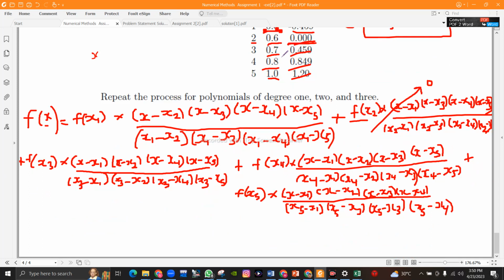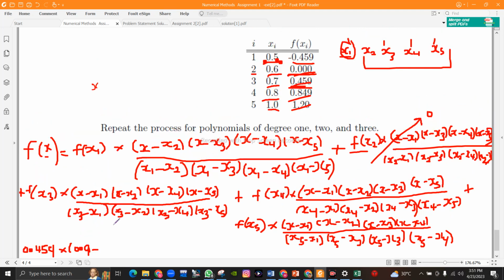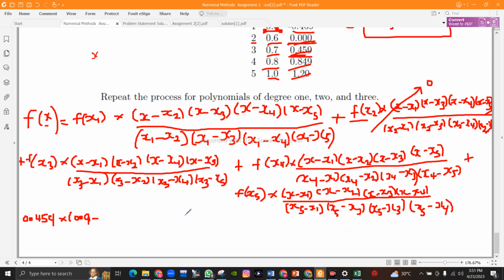f of x3 is 0.459. That will be 0.459 times x minus x1. What's our x? 0.9. 0.9 minus x1. What's our x1? Our x1 should be 0.5.